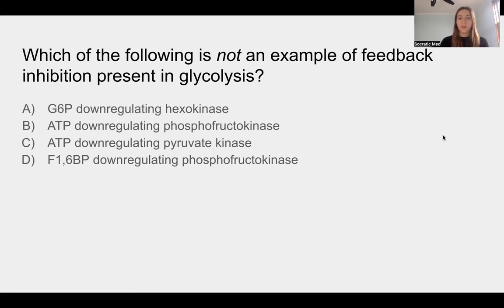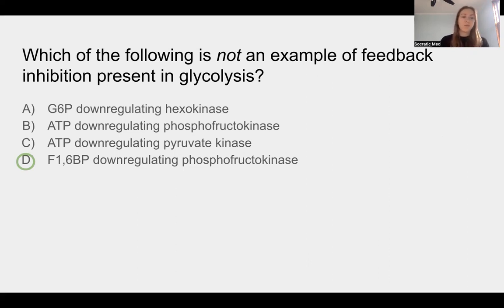All right, assuming you've had a chance to answer this one, I will reveal the answer here, which is D, fructose 1,6-bisphosphate downregulating phosphofructokinase. You kind of need to know the order of all of the steps in glycolysis to answer this question.